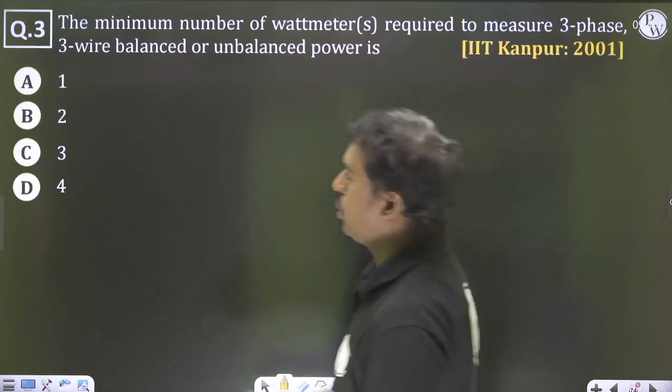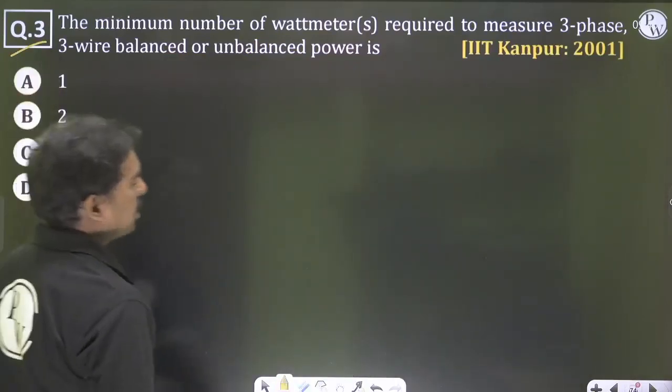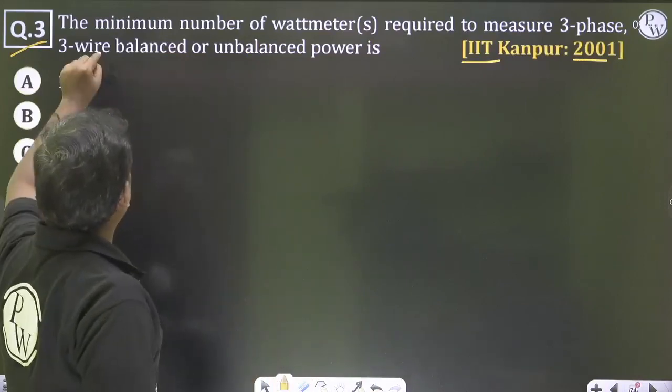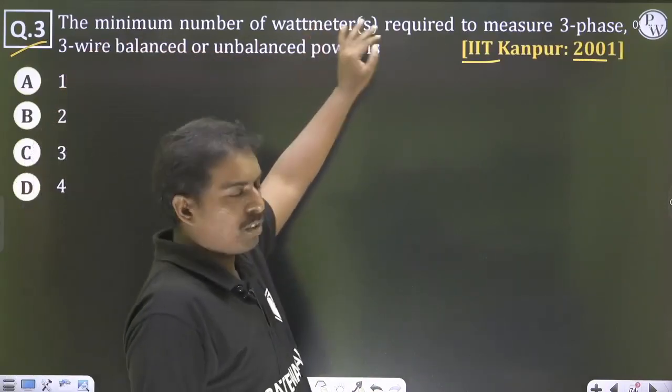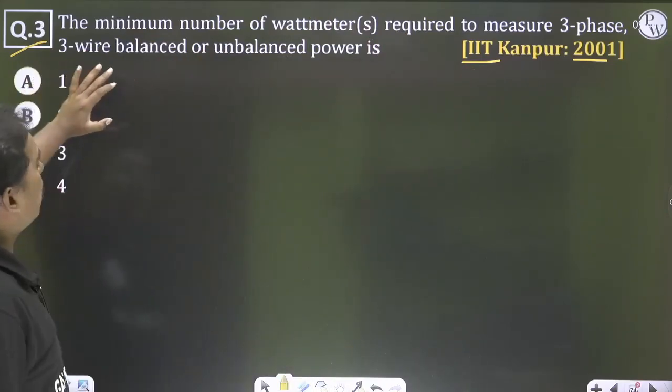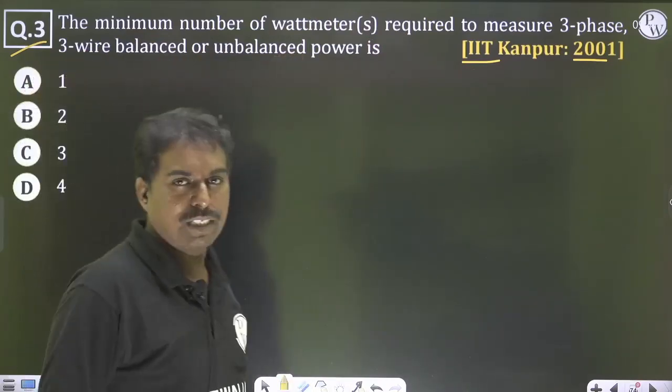Question number 3. This was asked by IIT Kanpur in 2001. Very simple question. The minimum number of wattmeters required to measure 3-phase, 3-wire balanced or unbalanced power is dash.